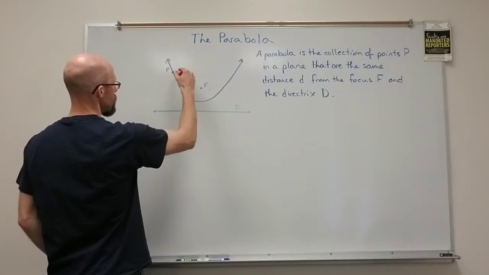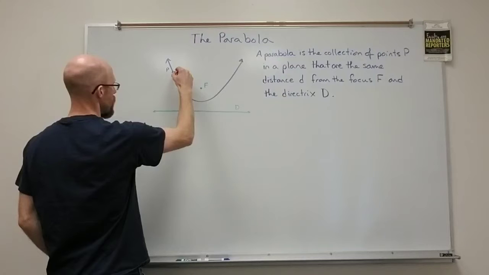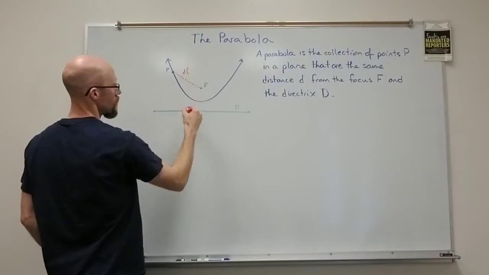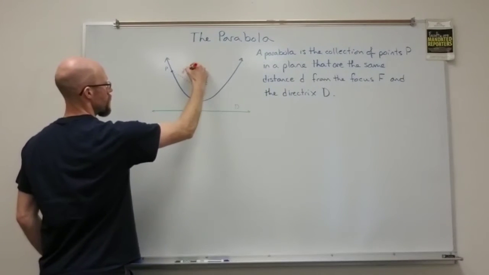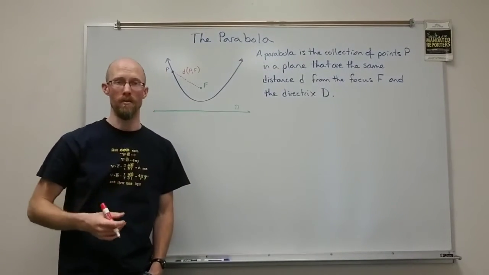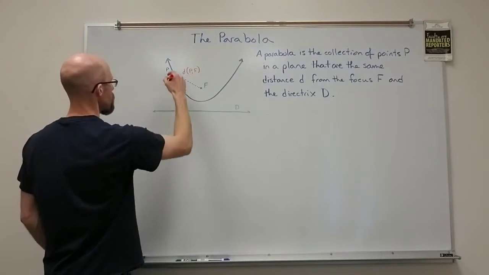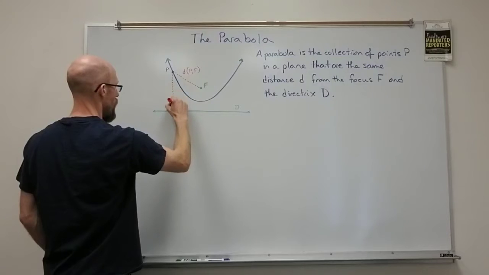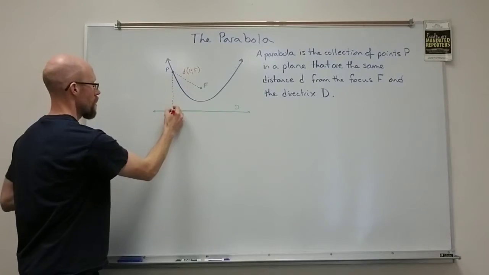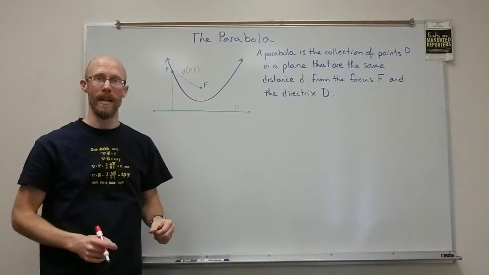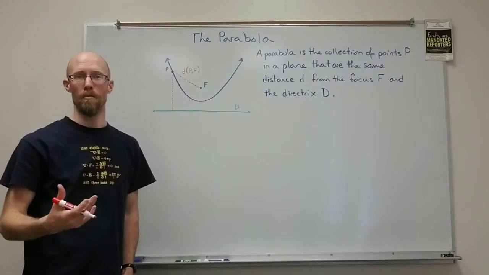So there's a distance between a point and another point, which I'm going to call d, little d, of PF. That's the distance between P and F, P being a point on the parabola, F being the focus. And that's going to be equal to the distance between a point and a line. Now remember, the distance between any point and a line not on that line is perpendicular. We define it as the perpendicular distance here.